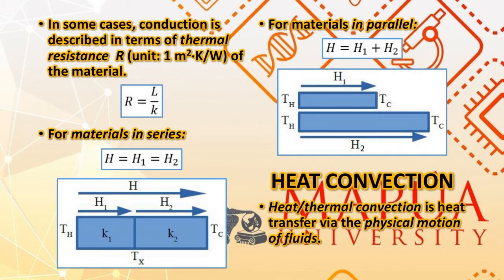Because fluid moves from one location to another, heat is transferred from one location to another. Again, as I've mentioned earlier, heat conduction also happens with fluids, but it is overwhelmed by heat convection. Heat conduction is dominant in solids, whereas heat convection is dominant in fluids.